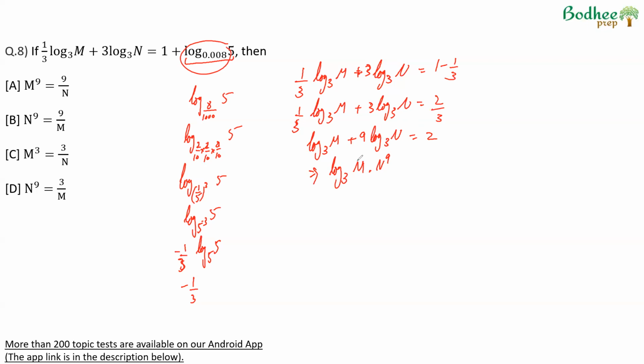Log of a plus log of b is log of a into b. This is equal to 2. And therefore m into n raised to power 9 is equal to 3 square, which means m into n raised to power 9 is 9, which further means n raised to power 9 is equal to 9 by m. Option B clearly becomes my answer.